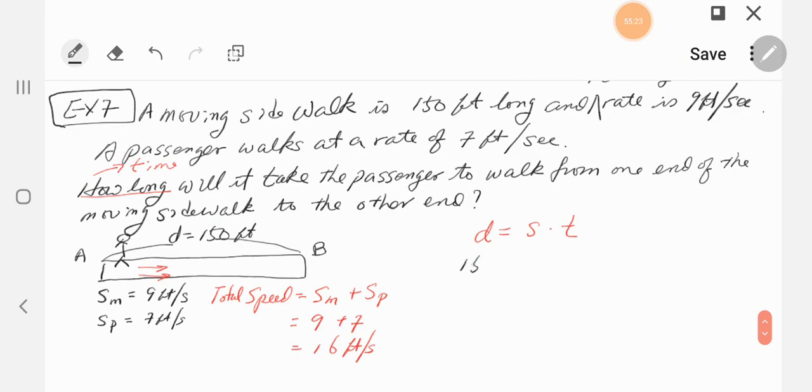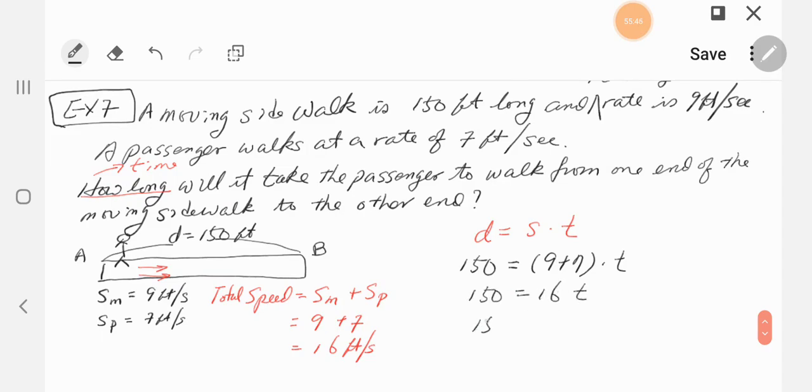So 150 feet is the distance. And then speed is what? Speed is 16. Why is it 16? 9 plus 7, right? 9 plus 7 is the speed of the person being carried. And the number of seconds is t. Okay, so let's find t.